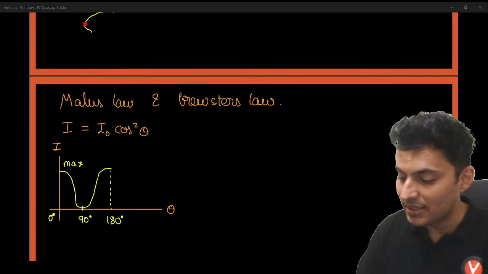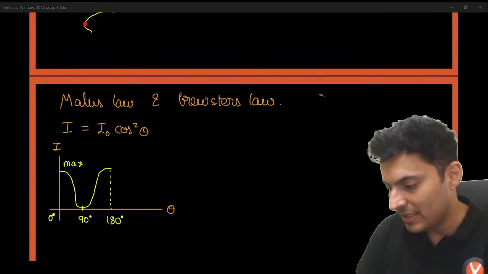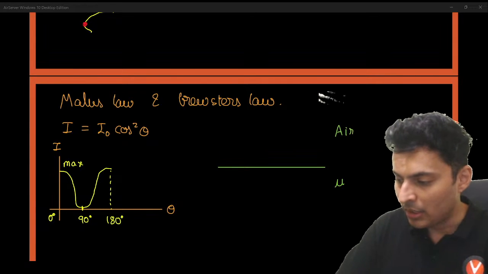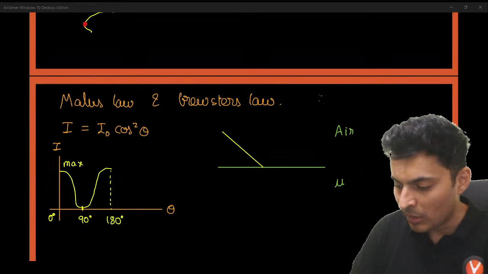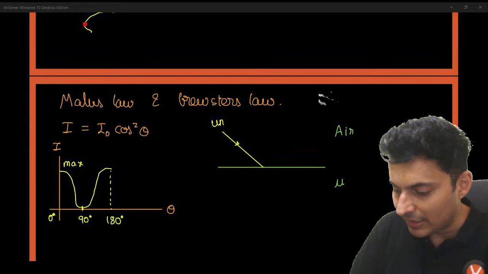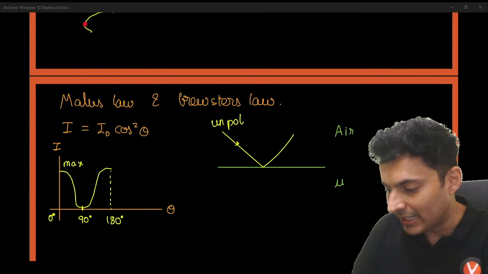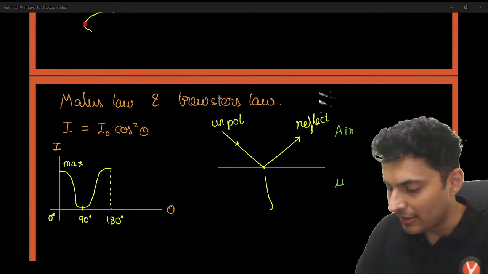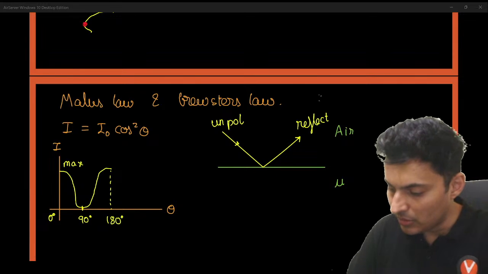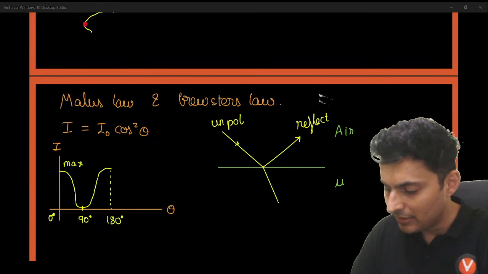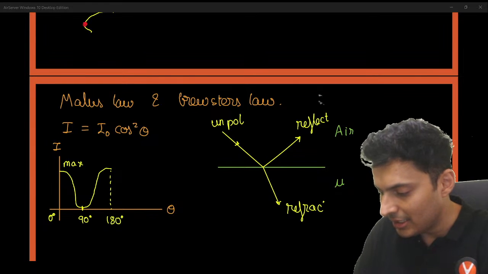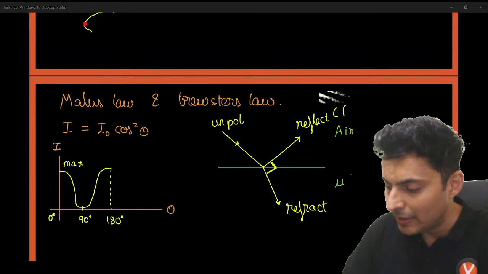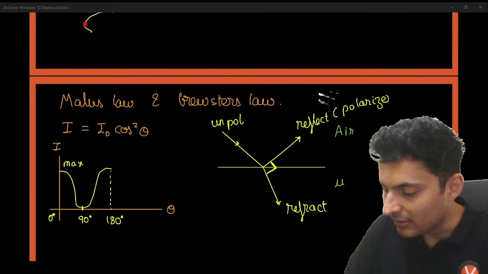With regards to Brewster's law, you should know the diagram. You have a medium over here, and you have air over here, where unpolarized light will come. It will get reflected, and it will also get refracted. When the reflected and refracted rays are perpendicular to each other, the reflected light becomes polarized.